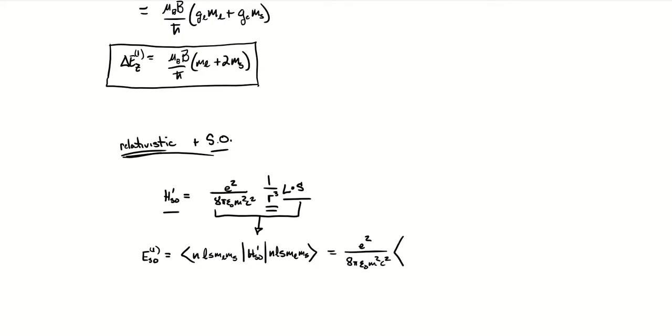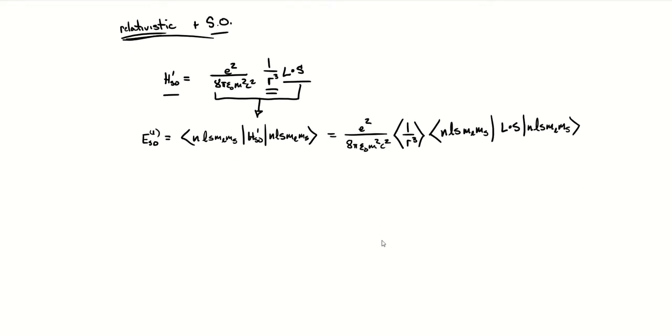And then the spatial term is that 1 over r cubed matrix element, that integral that we calculated previously, and the spin parts, or the angular momentum parts, are the parts that we're concerned with, this L dot S term.